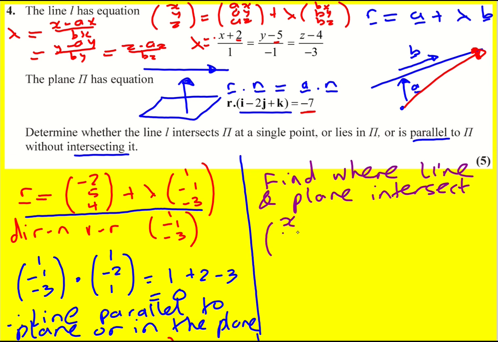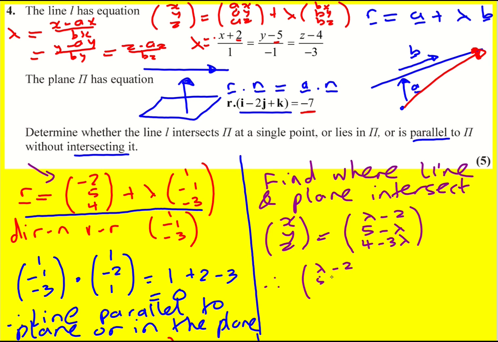Now we have x, y, z equals, and I'm just using this up here now, it's going to equal lambda minus 2, then 5 minus lambda, and 4 minus 3 lambda. So therefore, it must be that if we dot this with the normal vector, we should get minus 7.